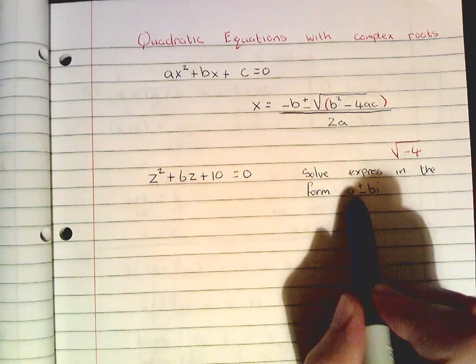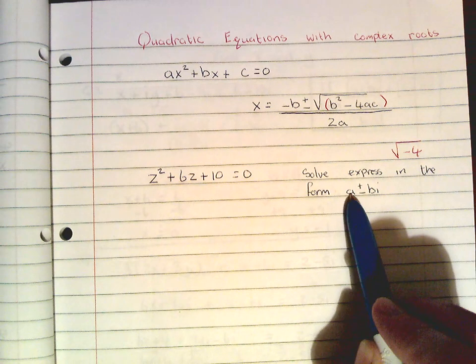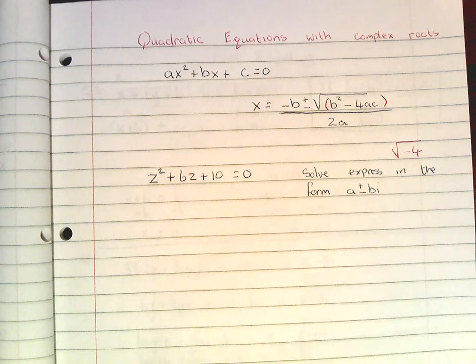So we can see we're expressing it in the form of a complex number, where this is the real part and this is the imaginary part.